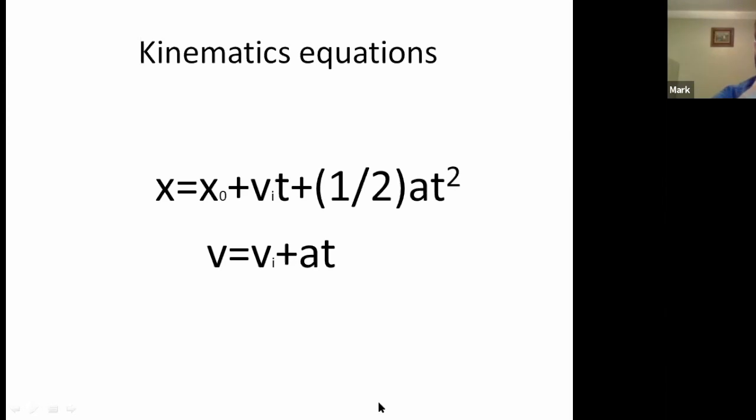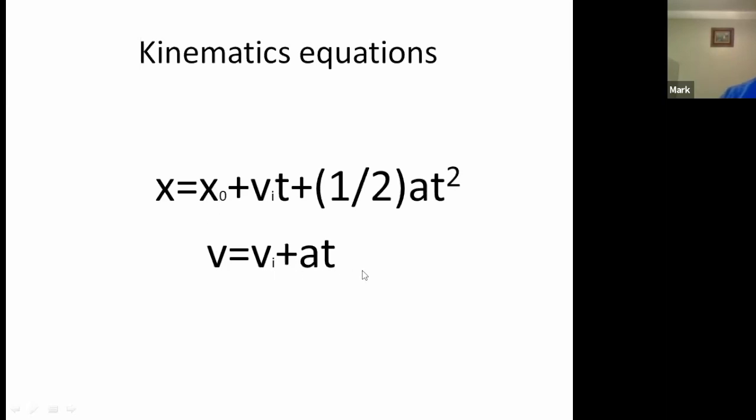I won't be there on the MCAT to tell you when to use which equation, so I don't know what you mean by that. Usually, when you would use an equation is when you have enough information, right? If you're looking at positions, you would use this first equation because it has position x and x0.